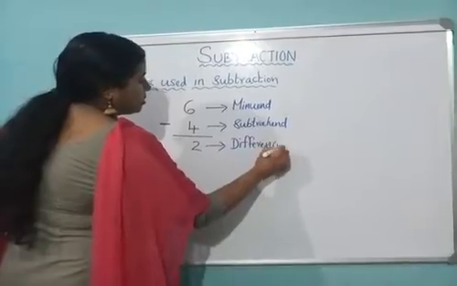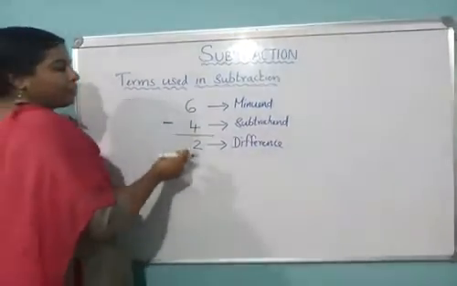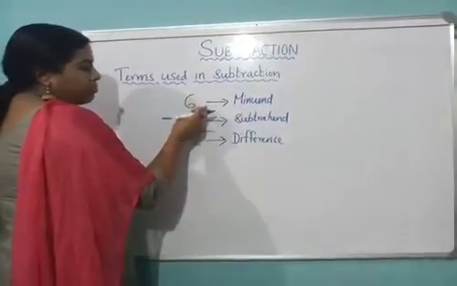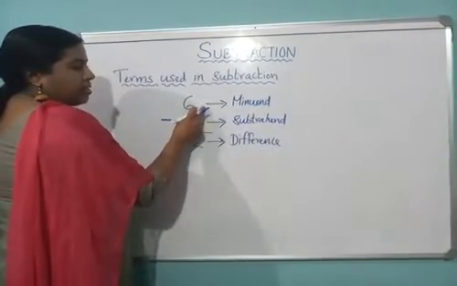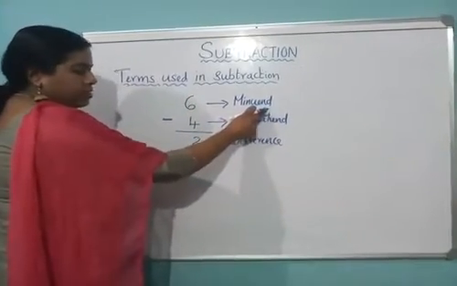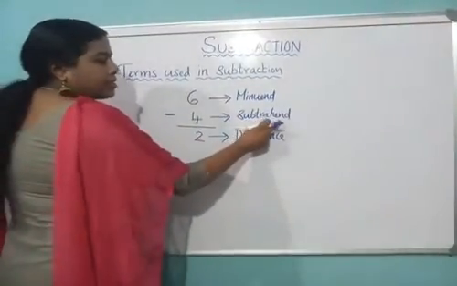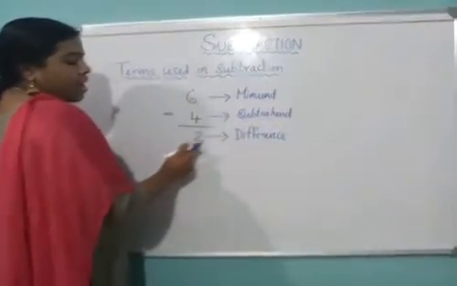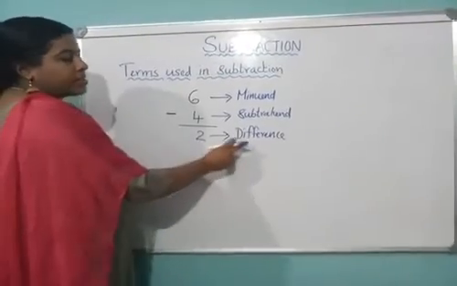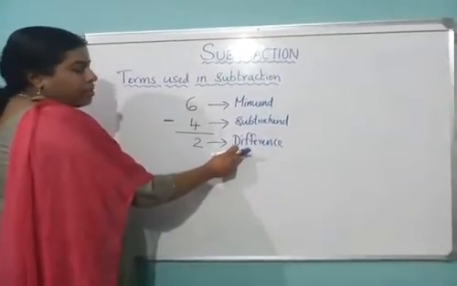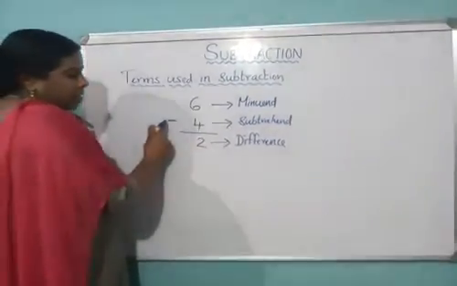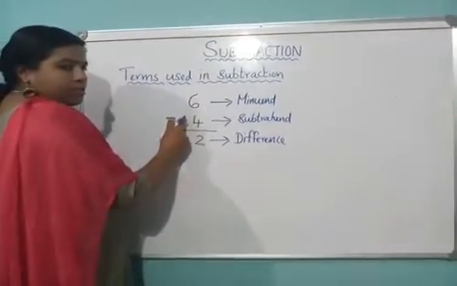So I repeat, the number from which another number is subtracted is called the minuend. The number that is subtracted is called the subtrahend. The answer of subtraction is called the difference. We use the sign minus for subtraction.